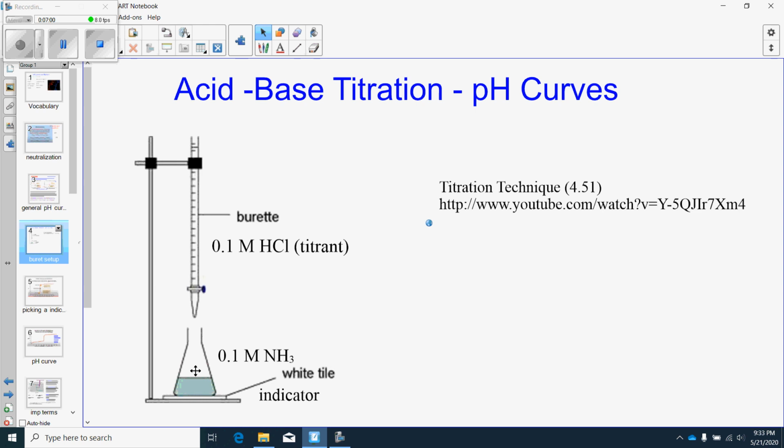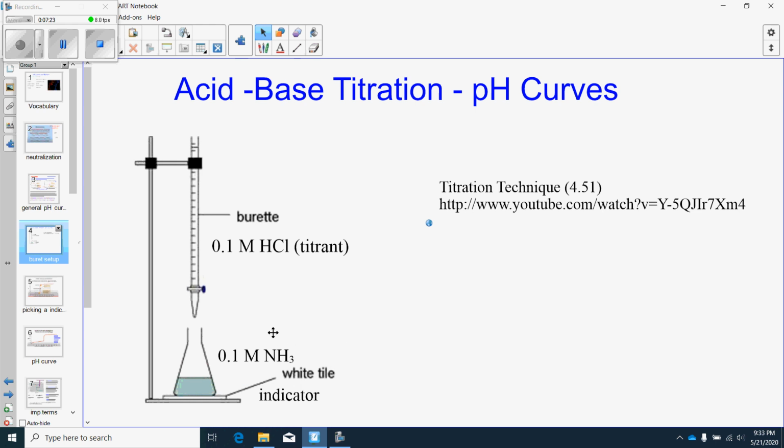We've been talking off and on about indicators, and indicators are chemicals that change their color when they're in acidic solution or a basic solution. So we're going to also include an indicator in here, and that indicator will change color as the pH of this solution changes. And people will ask, why is the pH going to change?